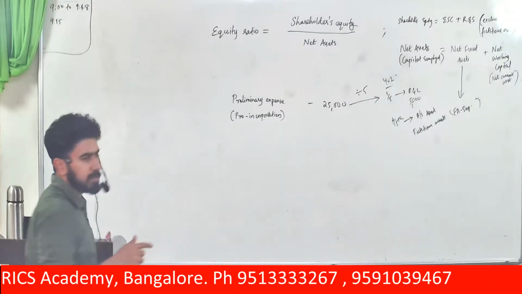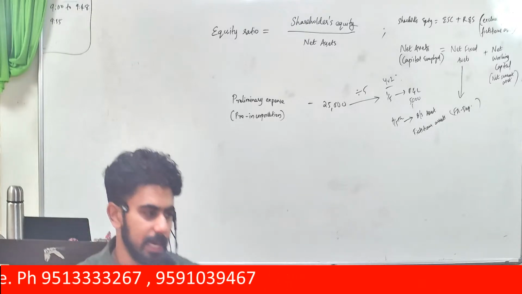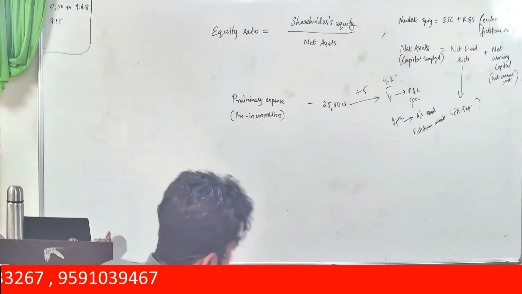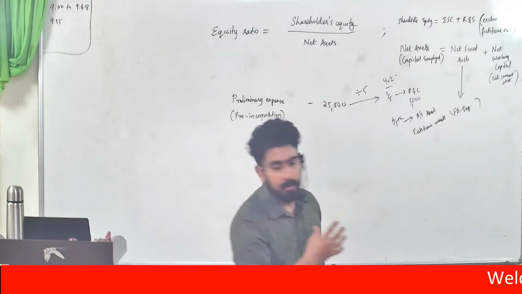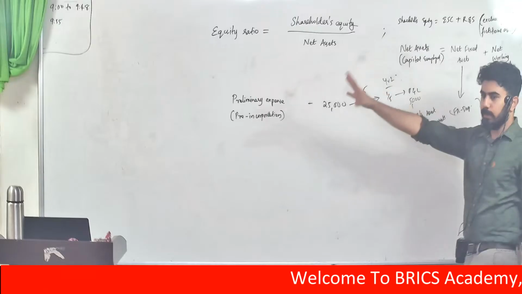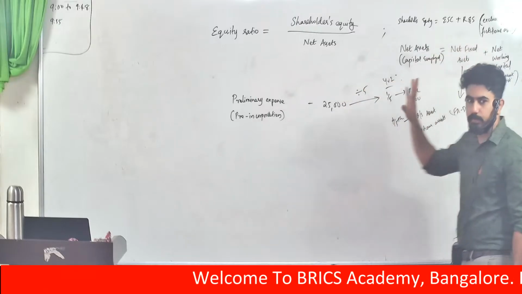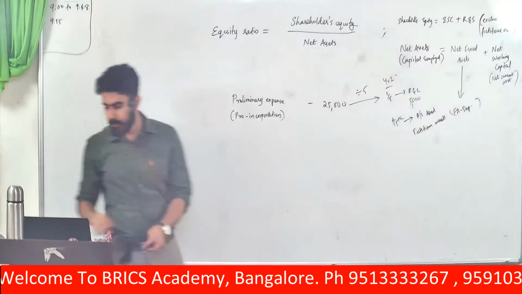Net fixed asset means gross fixed asset minus depreciation. Net working capital is also called net current assets. You have to know all of them. So this one formula means you know all these terms built in. So this is the equity ratio.